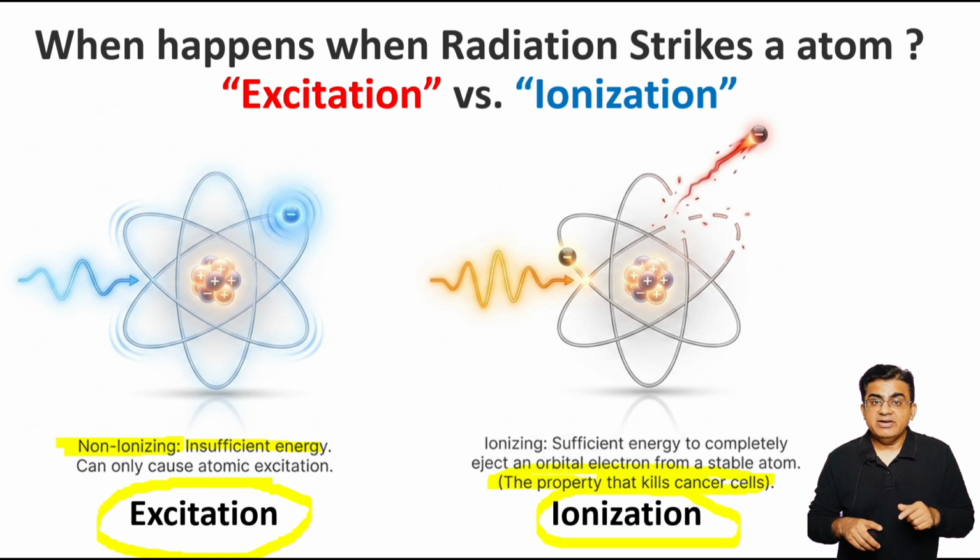So it is the ionization which destroys a cancer cell, not the excitation alone. I want you to keep these two concepts, excitation and ionization, burned into your memory. We will use these words very often in next slides.